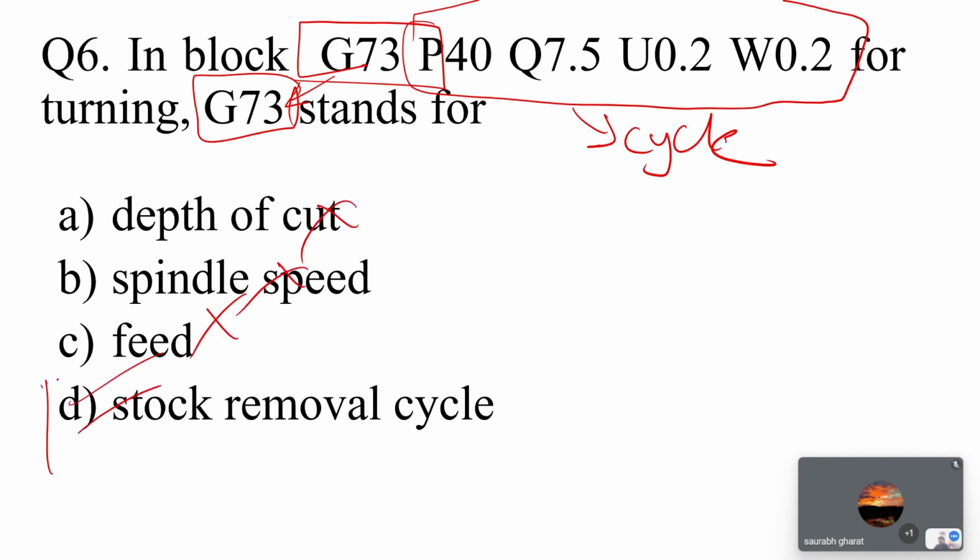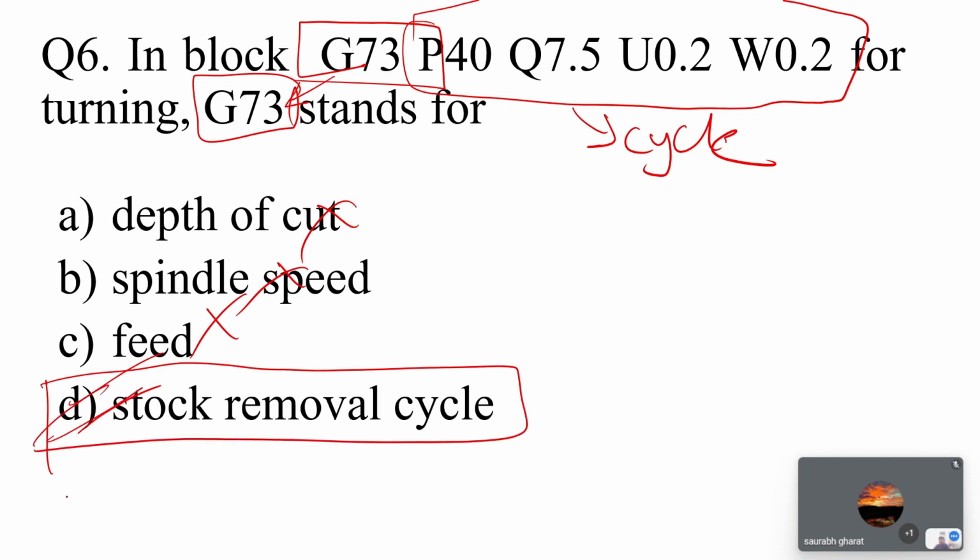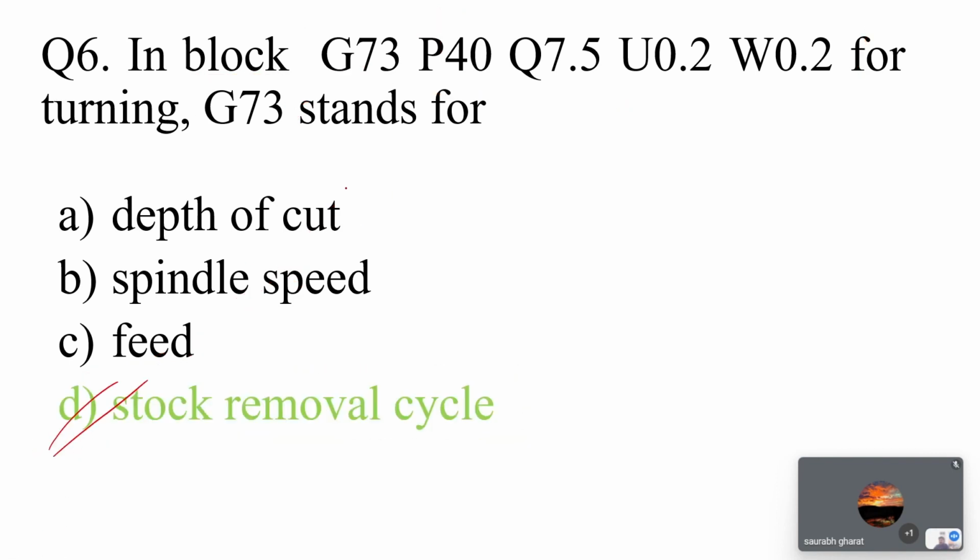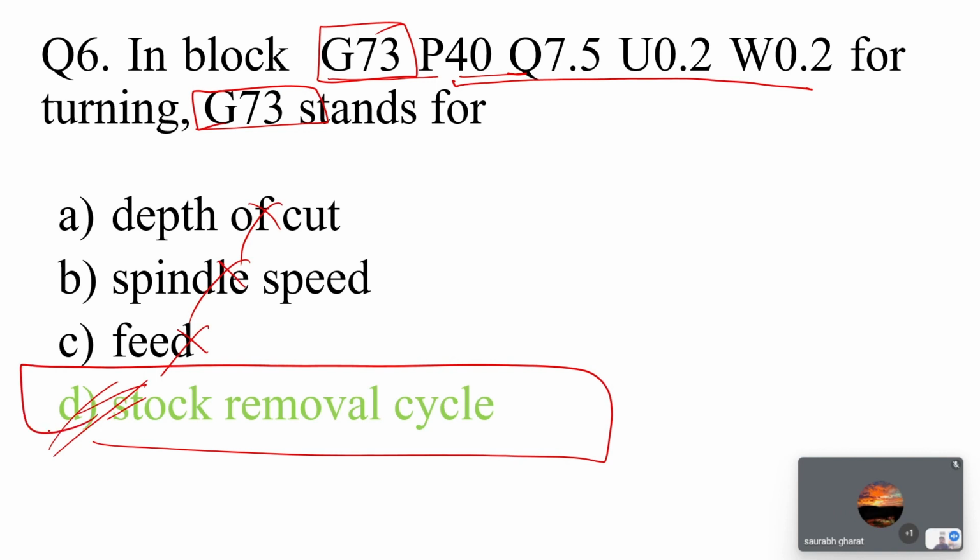Stock removal. From the previous questions that were asked, we might get this part. G73 is the calling command right now, and this is the part in that command. The other options are not calling commands. Only this is the cycle available in the options, so this is the only correct option. There is no different part to think about. This is your correct answer.